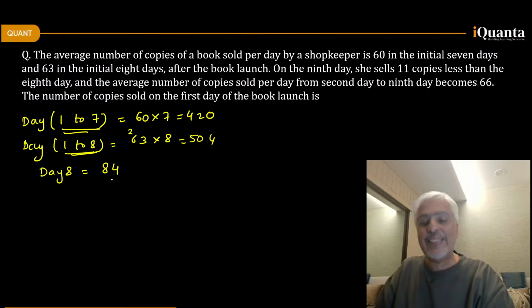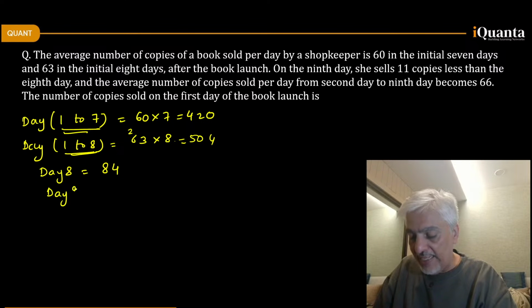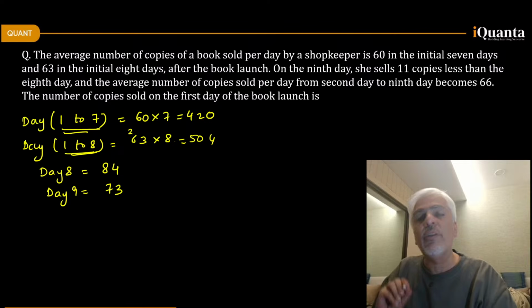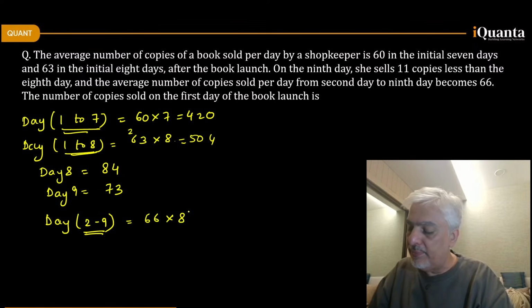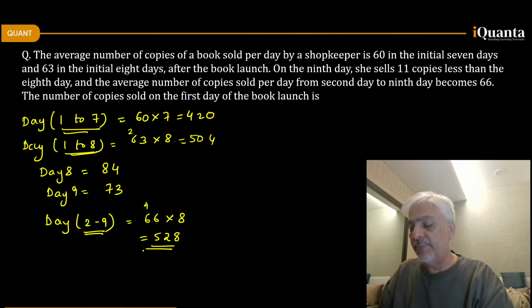Day 9 was 11 less than that, so 73. Going step by step. Then the average of second day to ninth day, day 2 to 9, is 66 8s. 6 8s are 48, 4 carry 52, 528. This is 2 to 9.